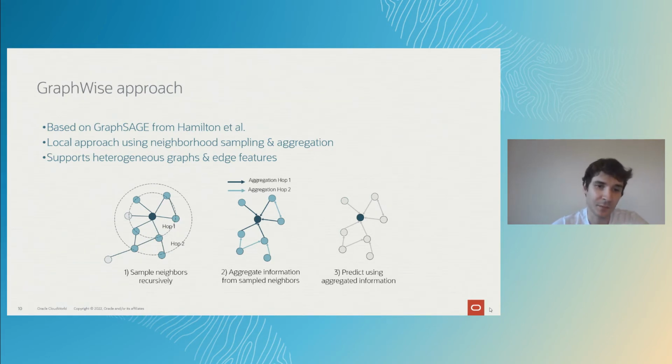The ones with the light shade of blue are the ones that are selected with sampling, while the one that was white is not sampled. And from those sampled vertices in the first hop, we can do again the same operation and sample vertices with a second hop. So after we have sampled this subgraph centered around the vertex of interest, that's where, let's say, the math starts and where the machine learning really begins.